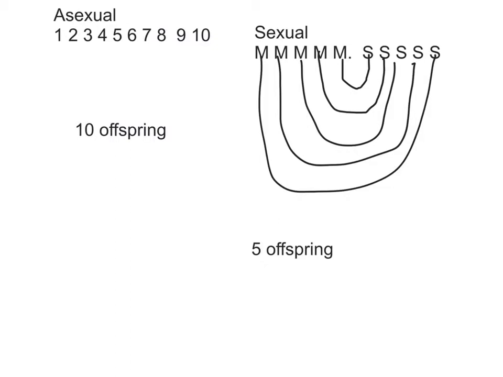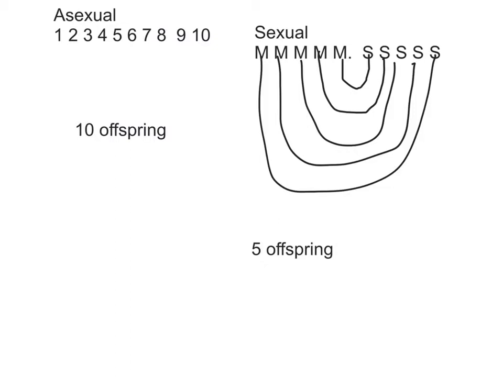Which one has higher fitness? Asexual? 10 versus 5.